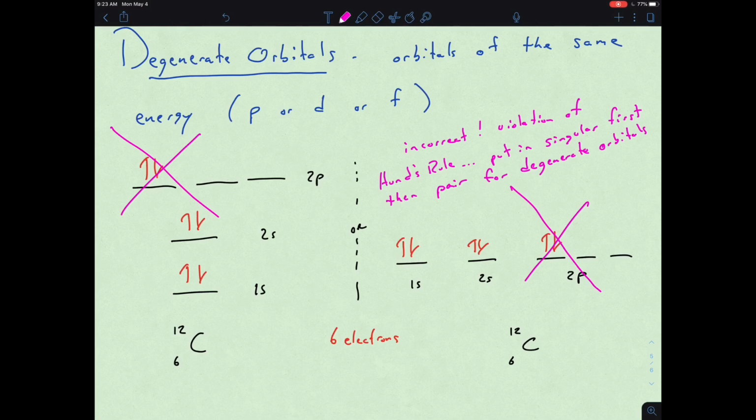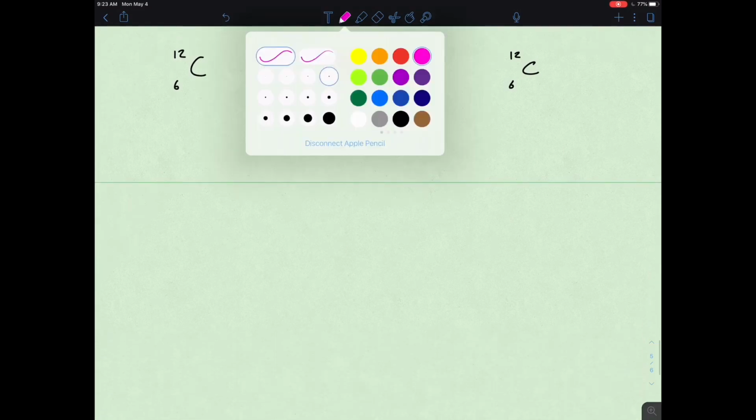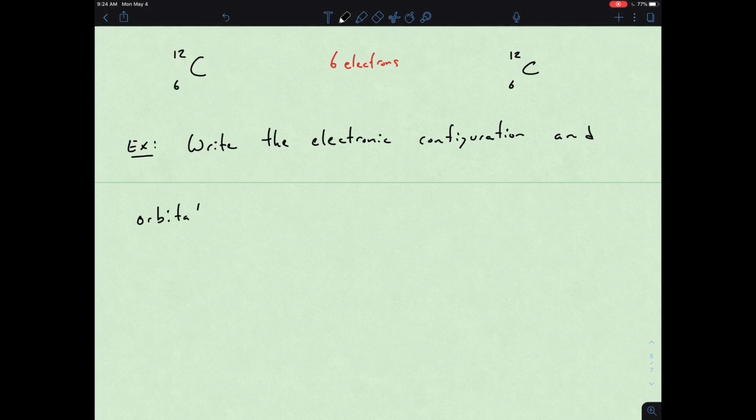Let's do another example of this idea. So we want to write the electronic configuration and orbital diagram for sulfur.